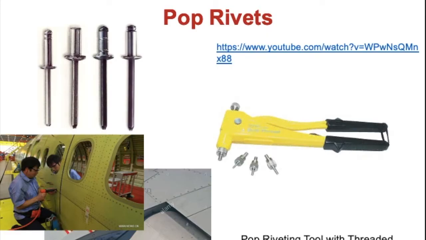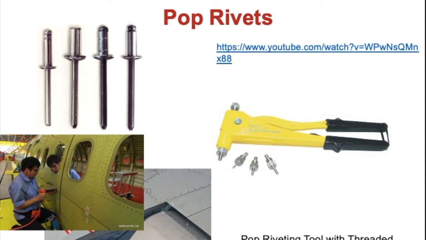Then I put together a few images just to familiarize you with these, in case you don't know them, but assuming that you know, this is just for emphasis. Pop rivets: this would be the typical tools that you use for pop rivets. I have a link on YouTube here that you can watch, and it guides you on how pop rivets work.